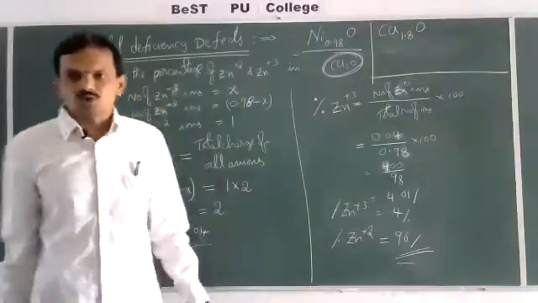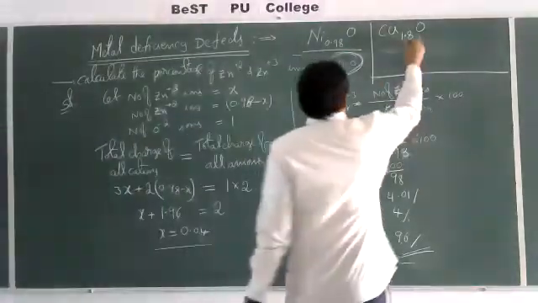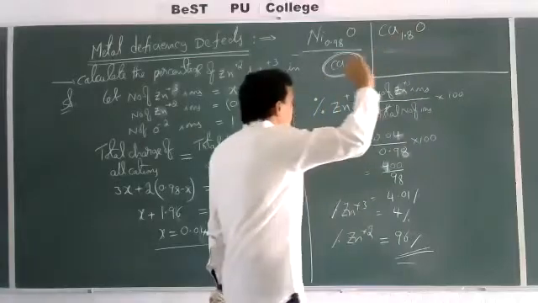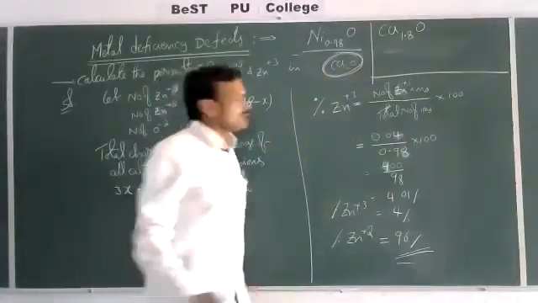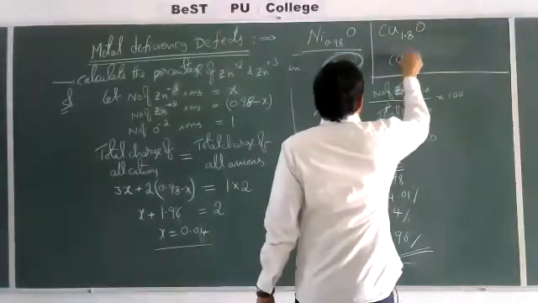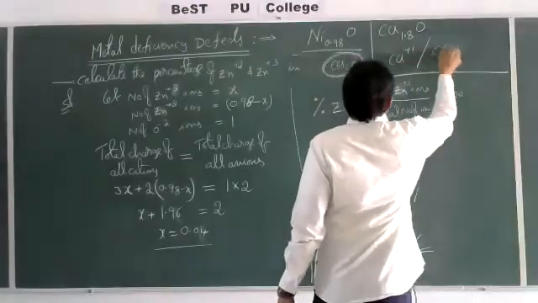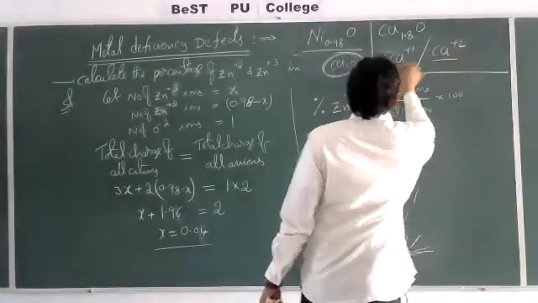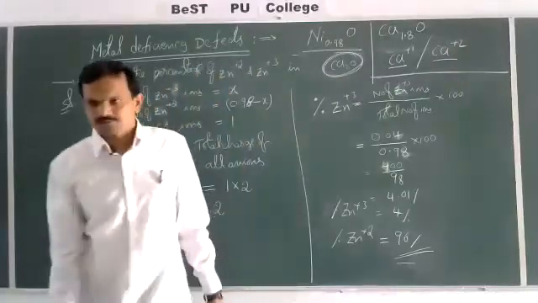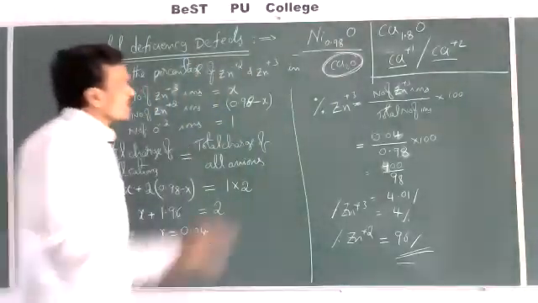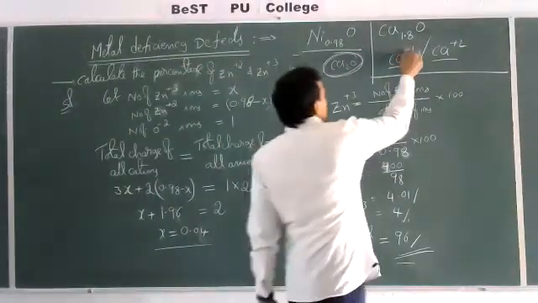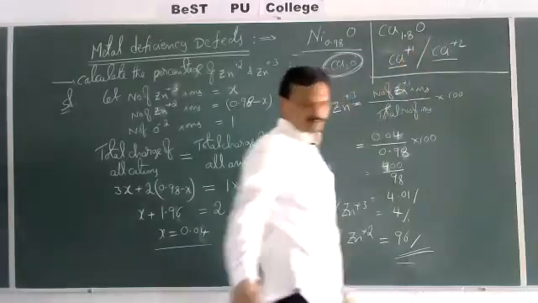But instead of Cu2O, I have mentioned the formula as Cu 1.8 O. Now, this consists of Cu plus 1 and Cu plus 2. Cuprous and cupric ions are present. Now, just calculate the percentage of Cu plus 1 and Cu plus 2.